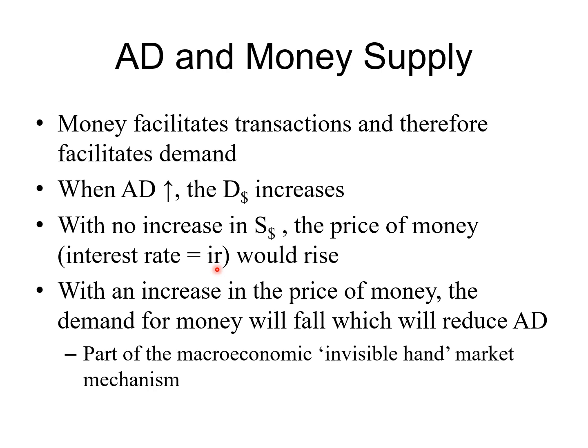Now, this is how the invisible hand works with this. If we hold the supply of money constant, if we don't change it at all, and aggregate demand increases, that's going to push the demand for money outwards to the right, which is going to increase interest rates, which means the price of money is going up. And as the price of money goes up, the demand for money will drop.